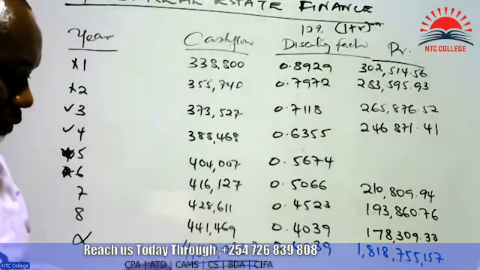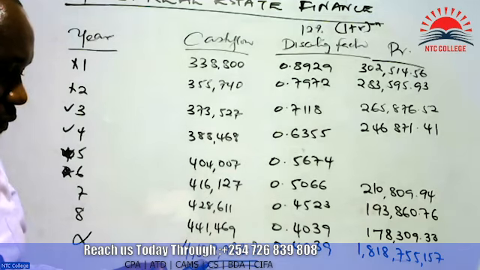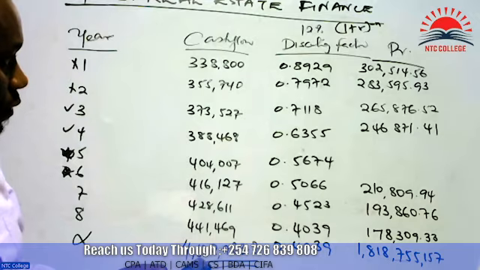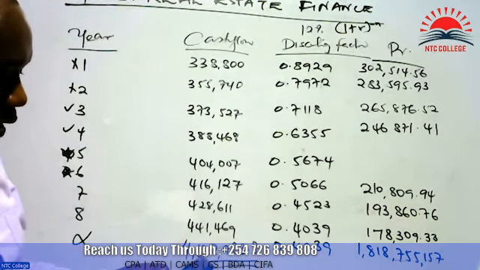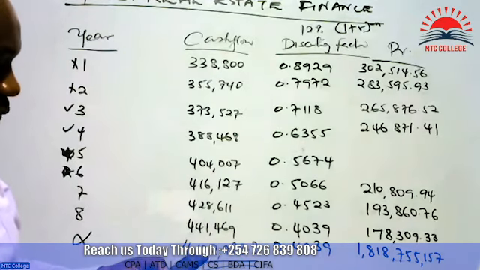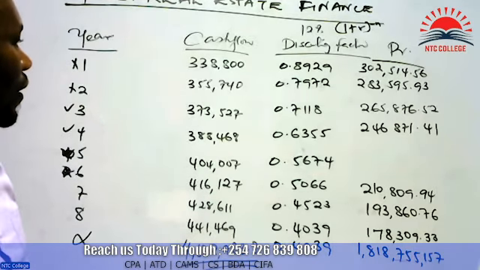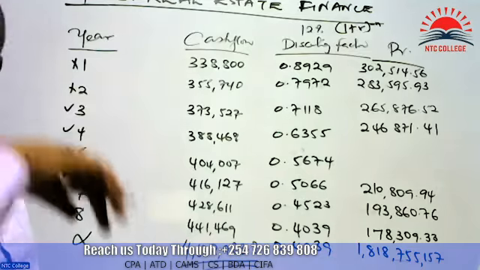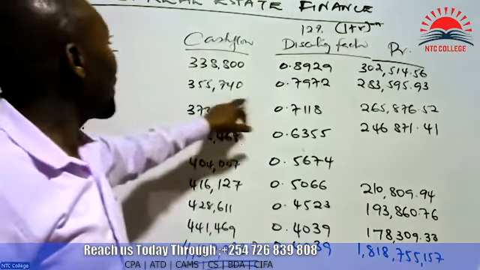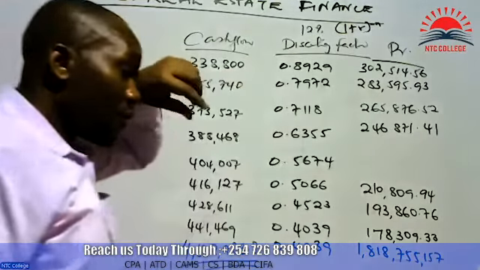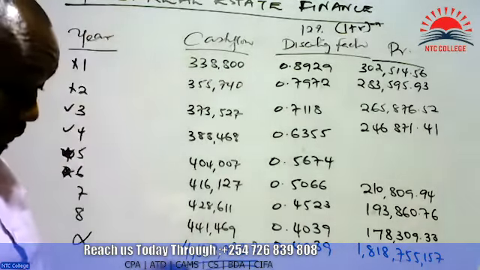I'm getting 283,595.928. And I can see 4 times 2 is 8, so 8 must be there in front.